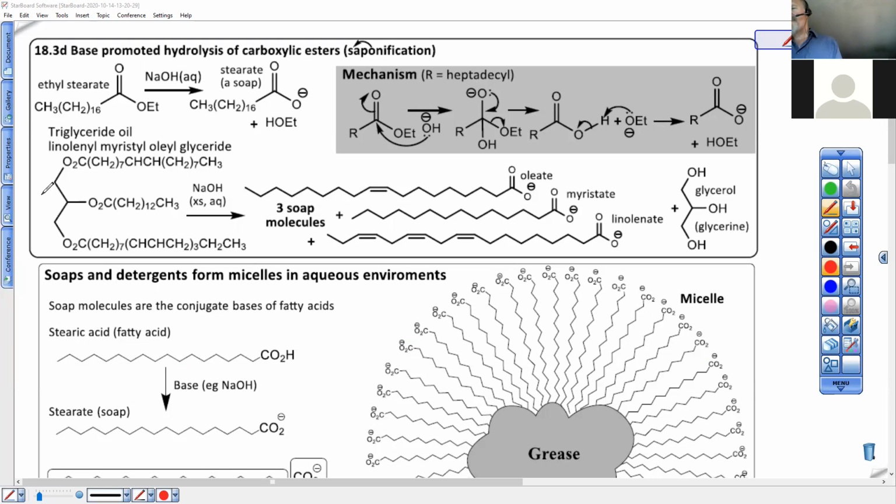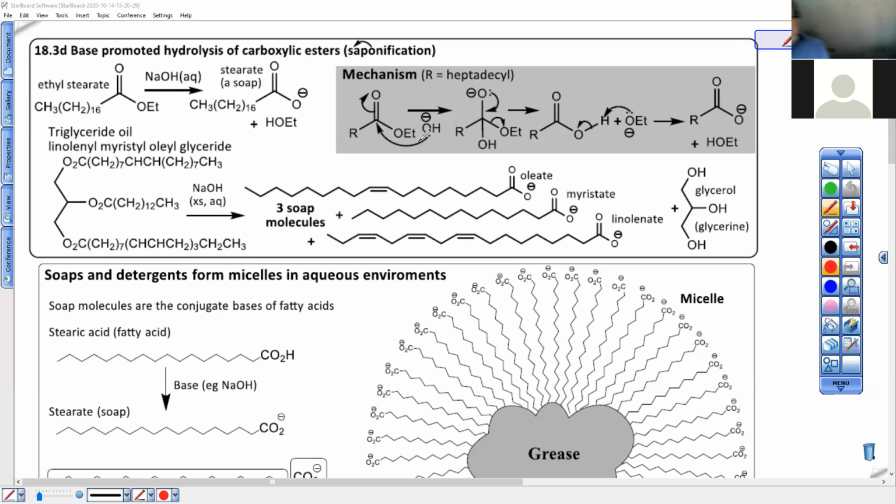But anyway, we're taking an ester of a fatty acid. This is not one found in nature, but it would create a soap nonetheless. And you're reacting it with aqueous sodium hydroxide. So you have a really good nucleophile here. That's why we don't need a catalyst with our ester. This is even a better nucleophile than an amine. And we didn't need a catalyst with our amine, did we?